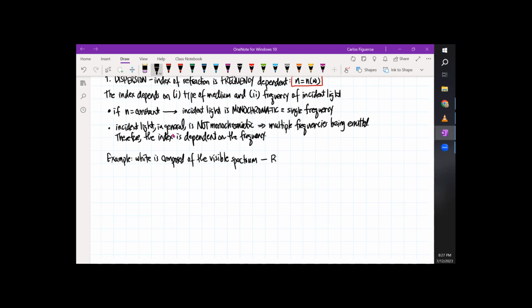You get the acronym ROY G. BIV, which was actually come up with by Newton, which is red, orange, yellow, green, blue, indigo, and violet. So because white light has multiple frequencies, its index changes.